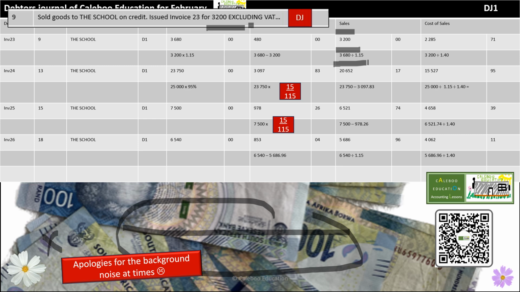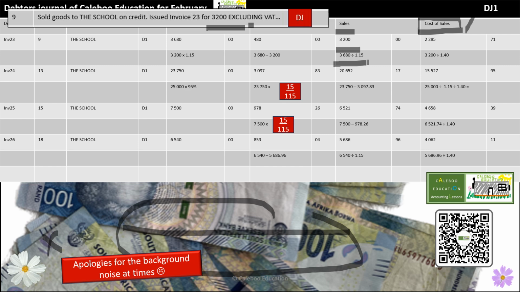And if I want to get the cost of sales, at the point of sale, trading inventory is expensed, and we open up an account called cost of sales. You might have seen my cash book receipts lesson. Obviously there's cost of sales there, but it is a cash sale.